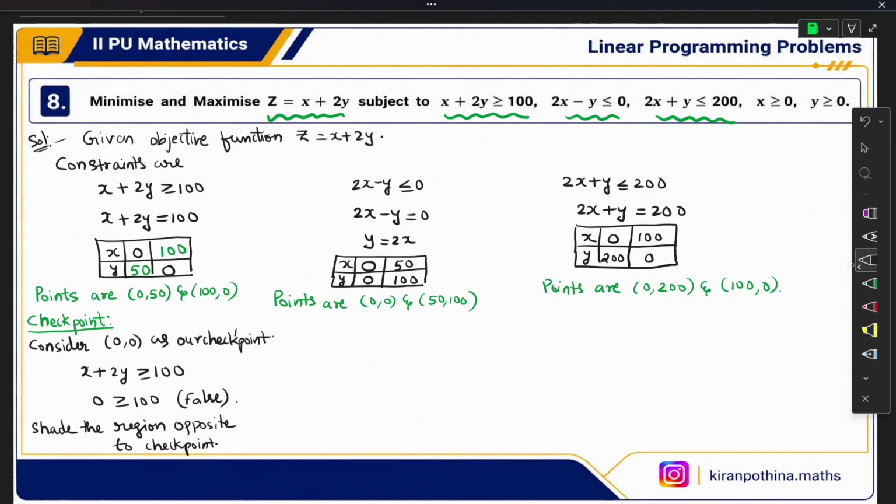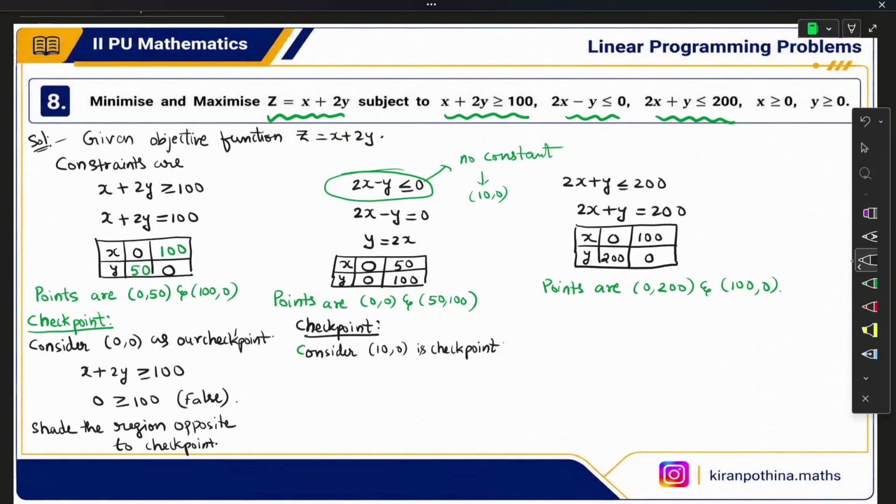Next, when we come to the second part, again the checkpoint, but in this type of lines. So for this type of lines, what is our checkpoint? I said, whenever there is no constant, the checkpoint should be like 10 comma 0, which we will take generally. So let us take that only. Consider 10 comma 0 is checkpoint.